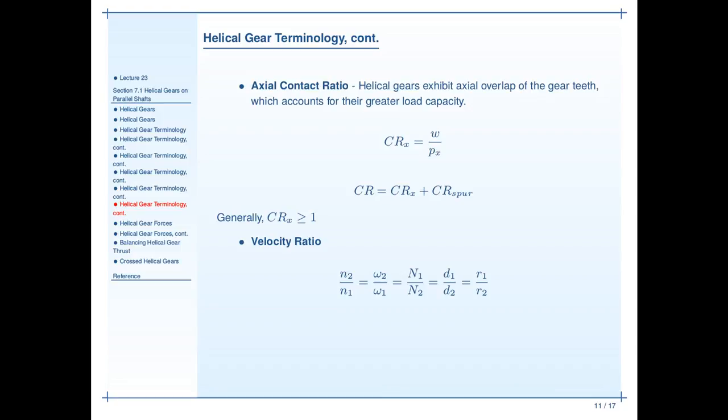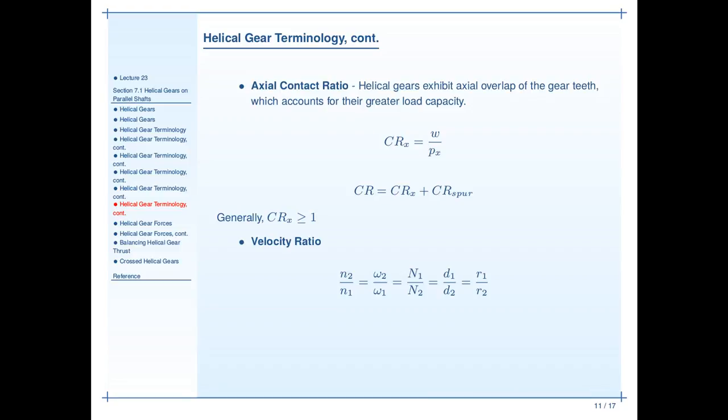The basic contact ratio formula that we looked at for spur gears also applies for helical gears. But helical gears have some additional contact, which is coming from the axial contact between the gears. There's more overlap between the gear teeth.